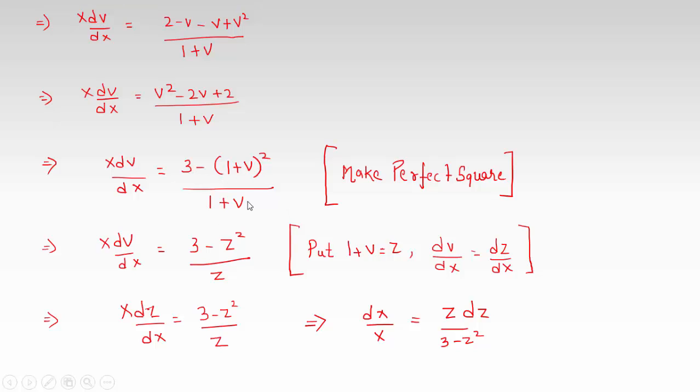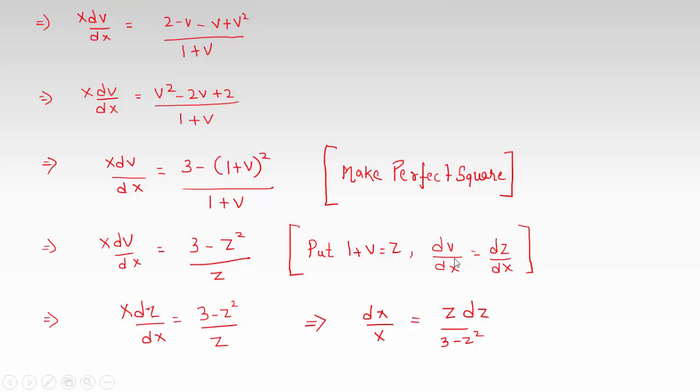How did we do that? We just made it a perfect square. We used to do it in class 10th. So it comes to x dv by dx equals (3 minus z square) upon z. Now what is z? We put 1 plus v equals z, so that if we differentiate this equation with respect to x, we get dv by dx equals dz by dx.